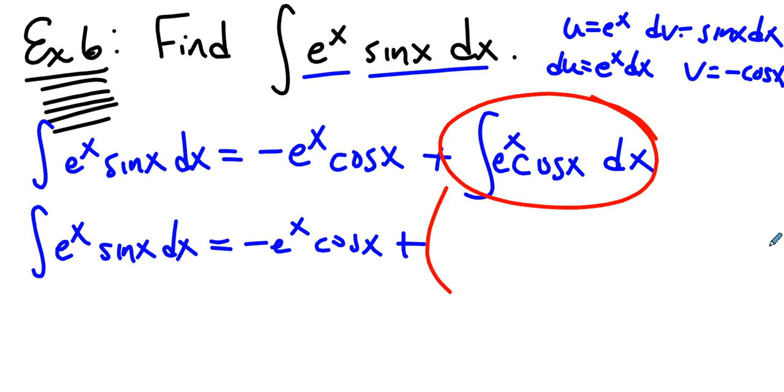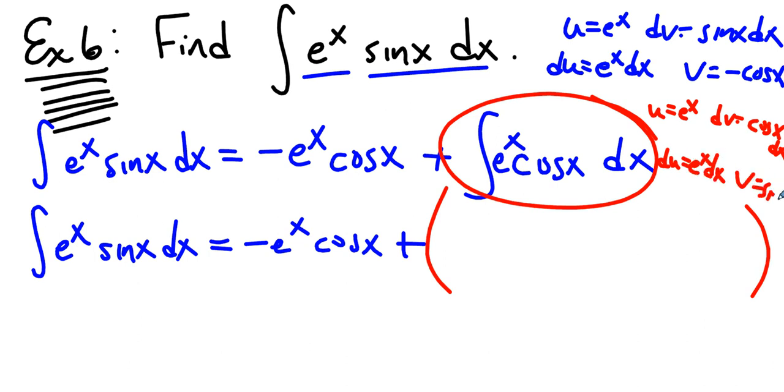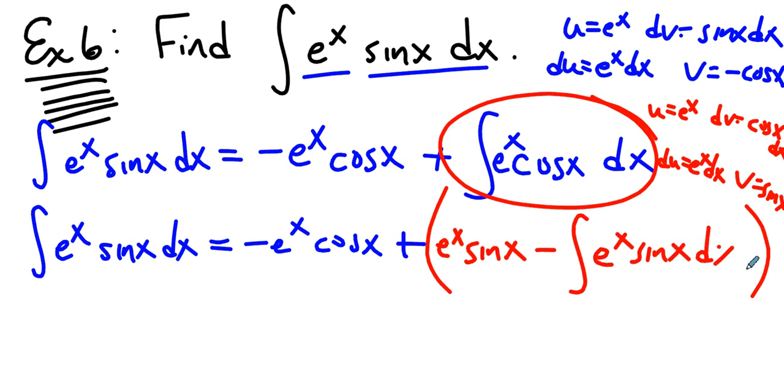And so we run our own integration by parts inside the red brackets. This time we'll run the same idea where du is easy to find and v is easy to find. So inside these parentheses, we've got uv minus the integral of v du. Well, that doesn't seem good.